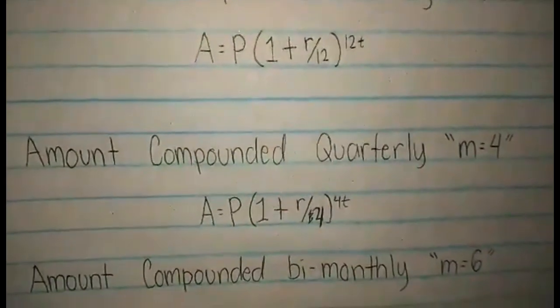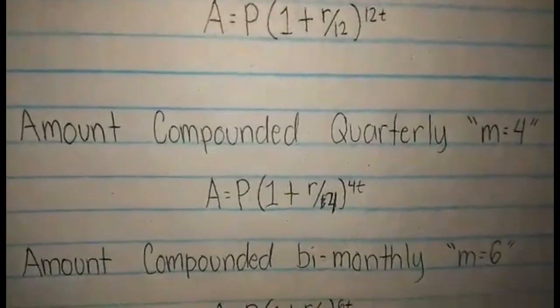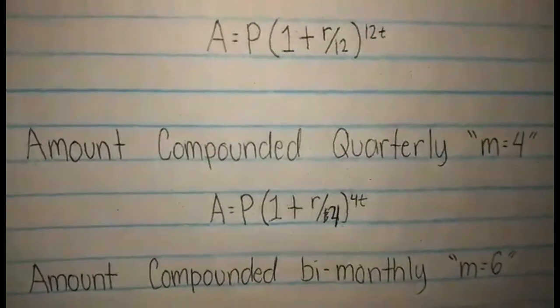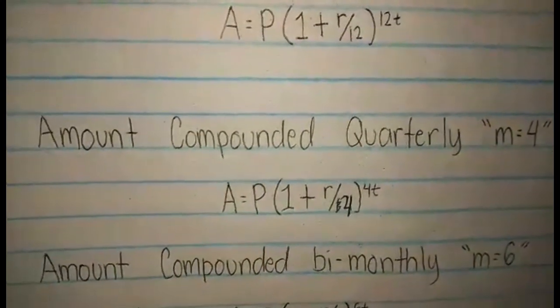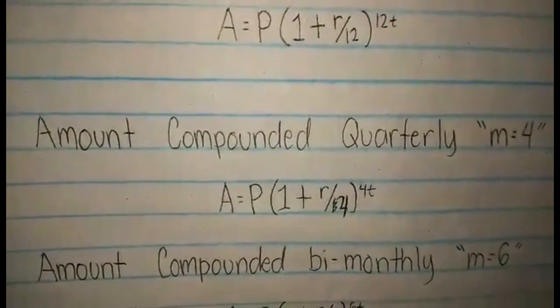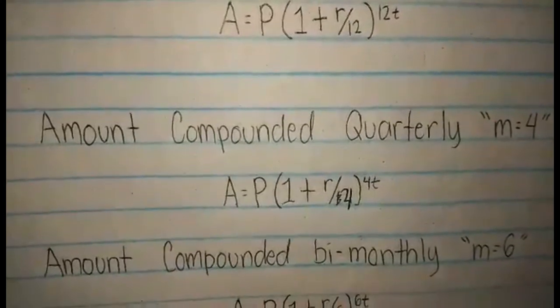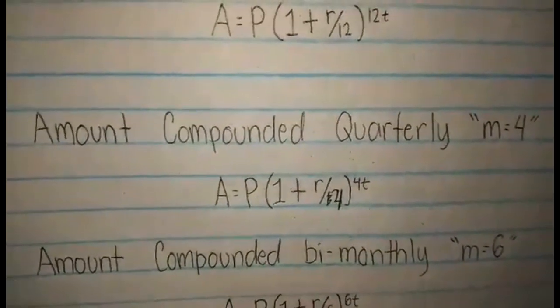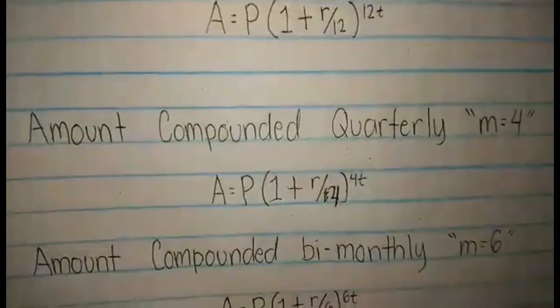And the second one is amount compounded quarterly. The conversion period will be 4, or M is equal to 4. The formula would be A is equal to P, quantity of 1 plus R or rate over 4, raised to 4 multiplied by T or time.